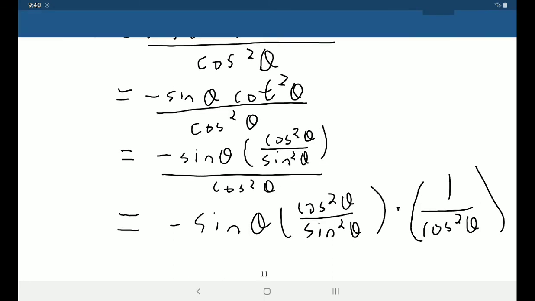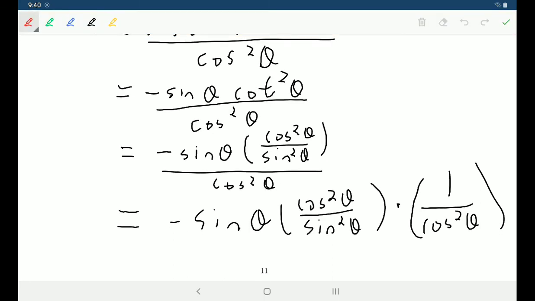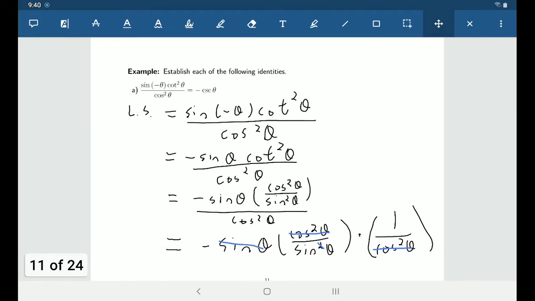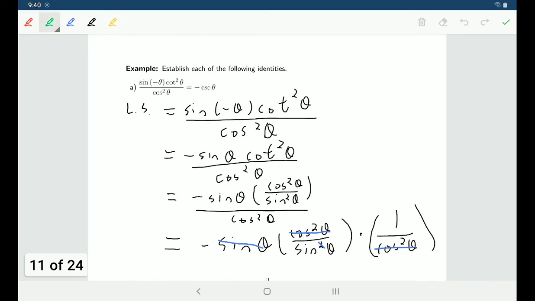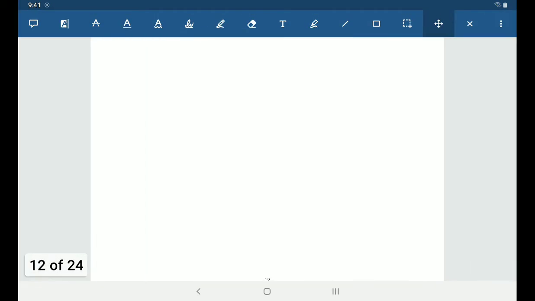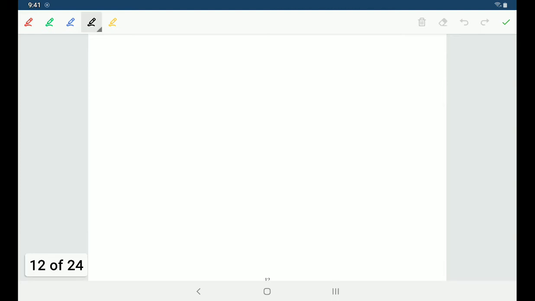And then now we're kind of on the way because I can see there's a bunch of things that are going to cancel. I have cosine squared and cosine squared will cancel, and I have the sine in the numerator with the sine in the denominator that will cancel. So what am I left with? I have a negative, and I've got a single sine in the denominator. So what I have is negative 1 over sine of theta.